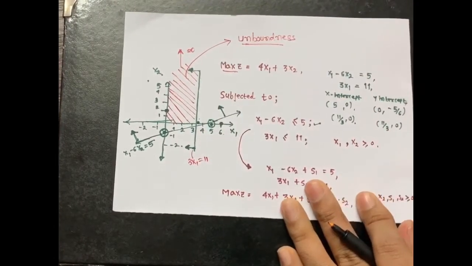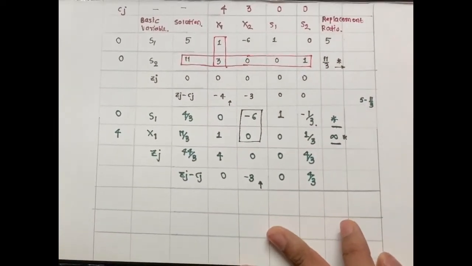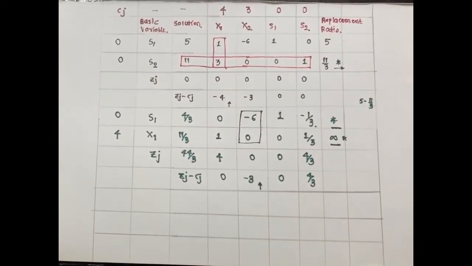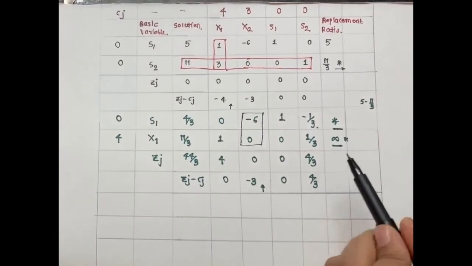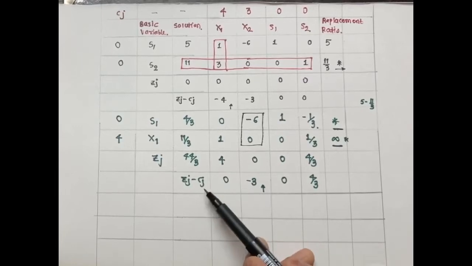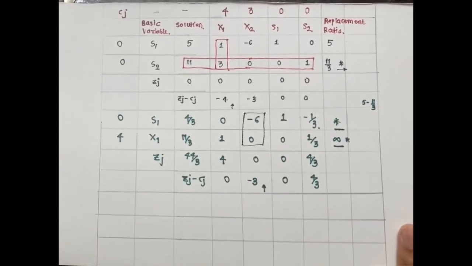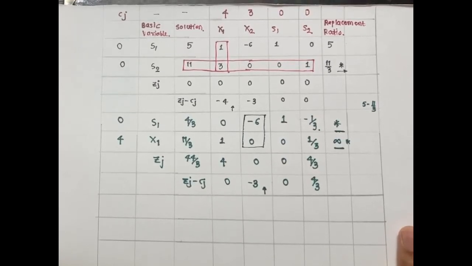So now from this particular simplex table, it is evident what happens in a case of unboundedness. Generally, in the case of unboundedness, one variable may enter, because that variable has a zj minus cj value that is positive.